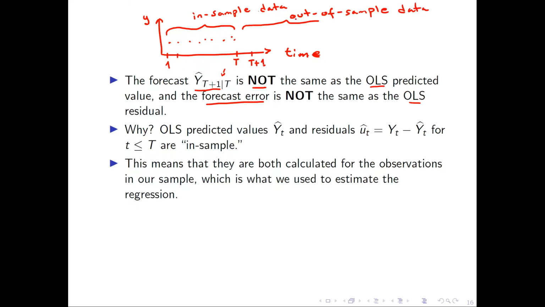This means that the out-of-sample data is not used to estimate the model, and this is why we can use the model to predict the values in the future, and we can compare them with the true value when we get there.